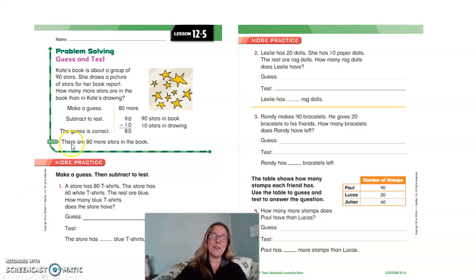And I want you to do that for number 1 on 473, and then turn the page to the back and do number 2, 3, and 4. And when you're all done, unpause the video and you can check your work. So go ahead right now and pause and try to work through those problems.